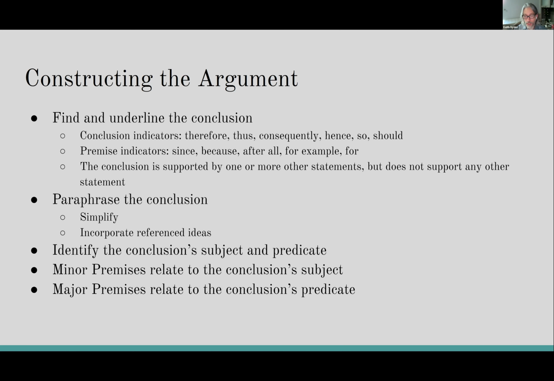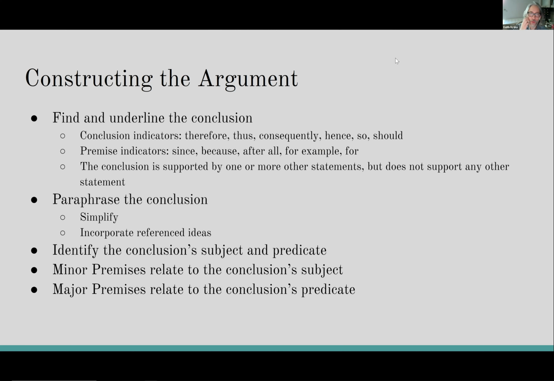I want it to be underlined. In other words, what I'm doing is anticipating that I will forget. The question on the LSAT should never be, I won't forget this. It should be, what am I going to do when I forget this? When I forget the conclusion, what I'm going to do is read it again because it's underlined.